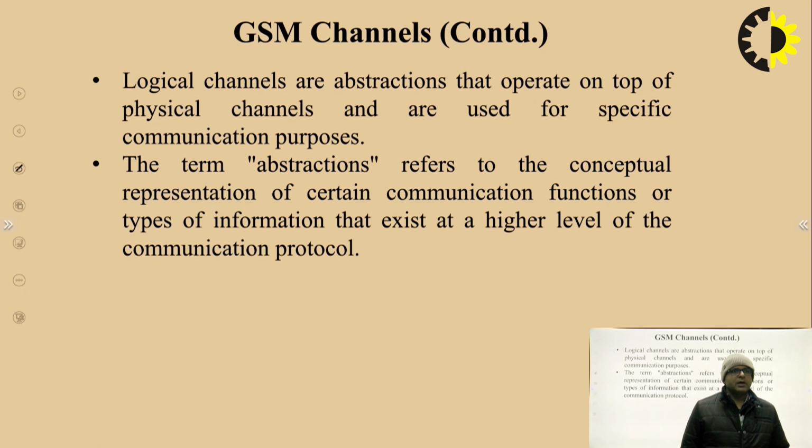Logical channels are abstractions that operate on top of physical channels and are used for a specific communication purpose. The term abstraction refers to the conceptual representation of certain communication functions or types of information that exist at a higher level of the communication protocol.